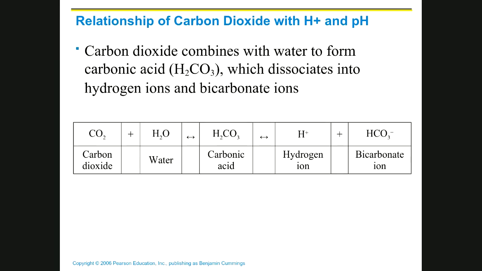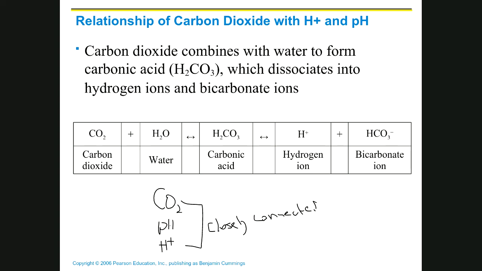So when I talked about other things that can affect it, there was carbon dioxide, and then there was pH, and then there was hydrogen ions. Well, these are very, very closely connected. In fact, they're so closely connected, you can't separate them.